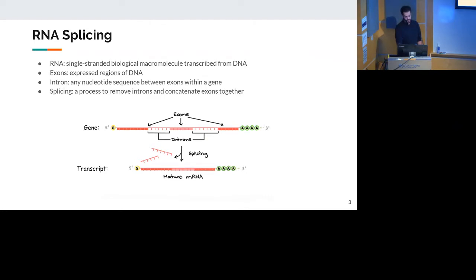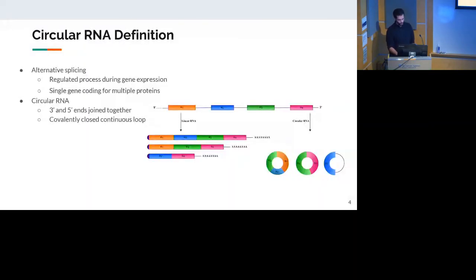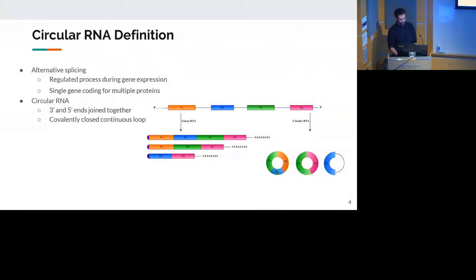During the splicing event, which is a process to remove the introns and concatenate all the remaining exons together, the transcripts are created. But alternative splicing can happen, which means that a single gene can have multiple transcripts. So from a single gene, multiple proteins can be produced.